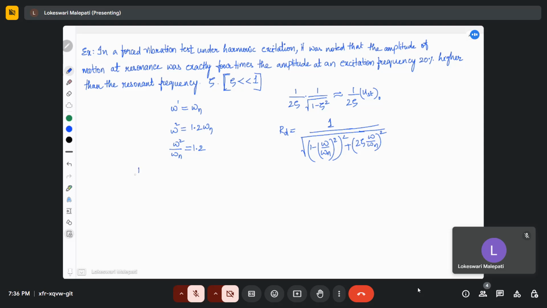So we will have 1 by square root of 1 minus 1.2 whole square, plus 2 zeta 1.2 the whole square, times u st naught. So we can simplify this.